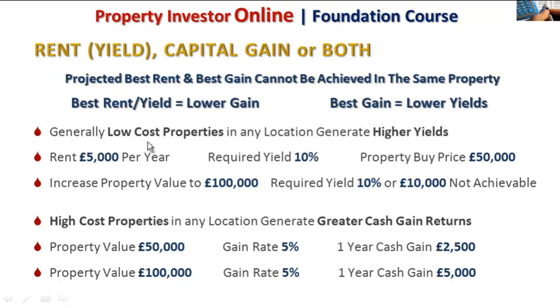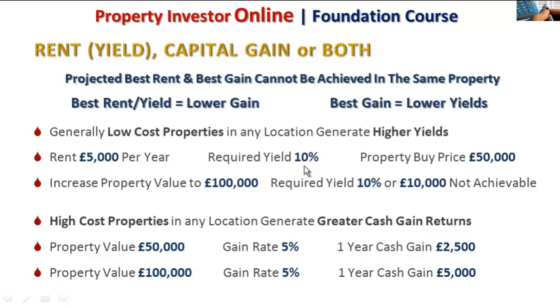Generally, low-cost properties in any location generate higher yields. And the reason for that is that if the local rent is £5,000 a year for, let's say, a 3-bedroom terraced house, and that is the market rent, and probably will be close to the local housing allowance or housing benefit rent, and the landlord needs, I say needs, a 10% return to make the investment worthwhile, and out of this 10% he has to pay his mortgage costs, his insurance, repairs and maintenance, and factor in some voids.